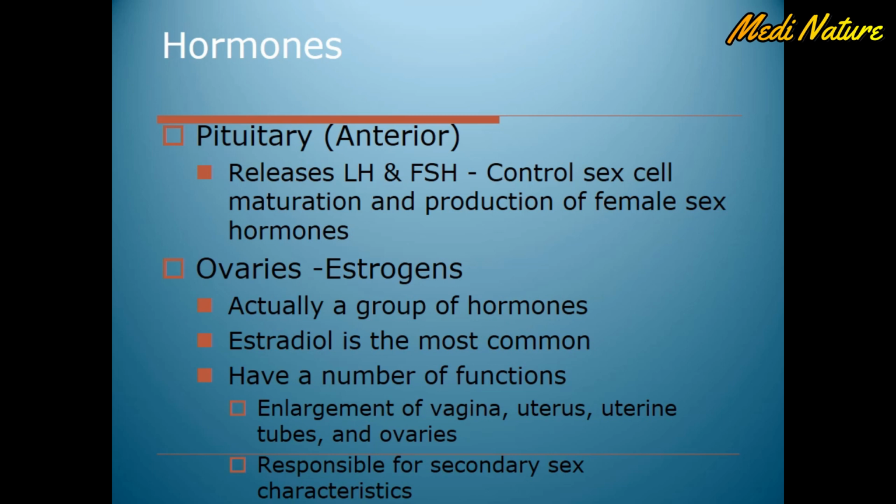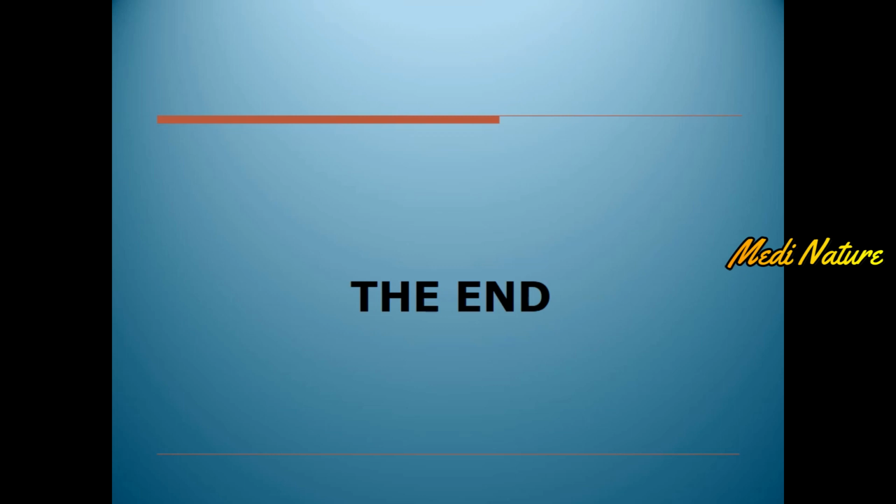It is a group of hormones and the main hormone is estradiol. They have a number of functions such as enlargement of the vagina, uterus, uterine tubes and ovaries, and they are also responsible for secondary sex characteristics in females. So this is the end of the female reproductive system.